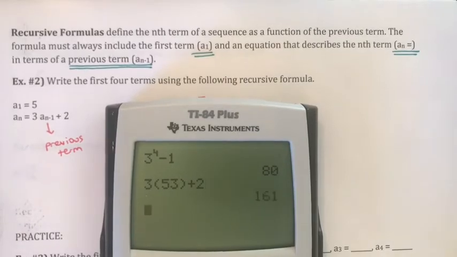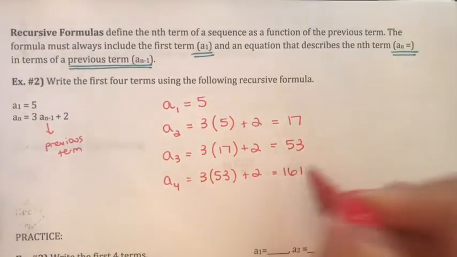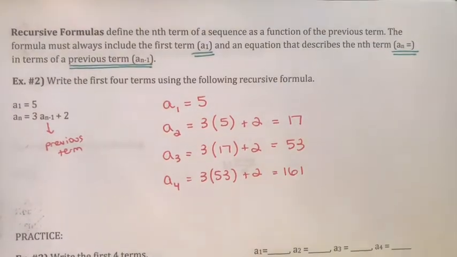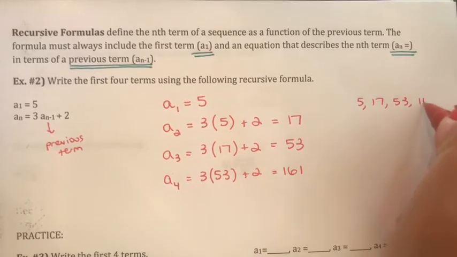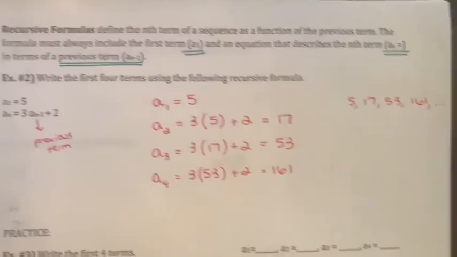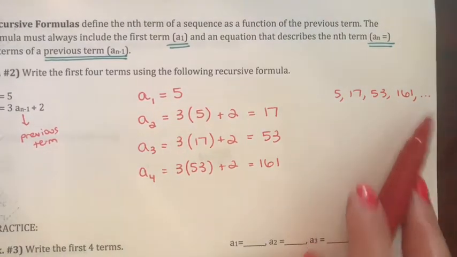Excuse me. We have 161. So the first 4 terms of the sequence are 5, 17, 53, and 161. Okay. I always put the dot, dot, dot because this could go on forever.